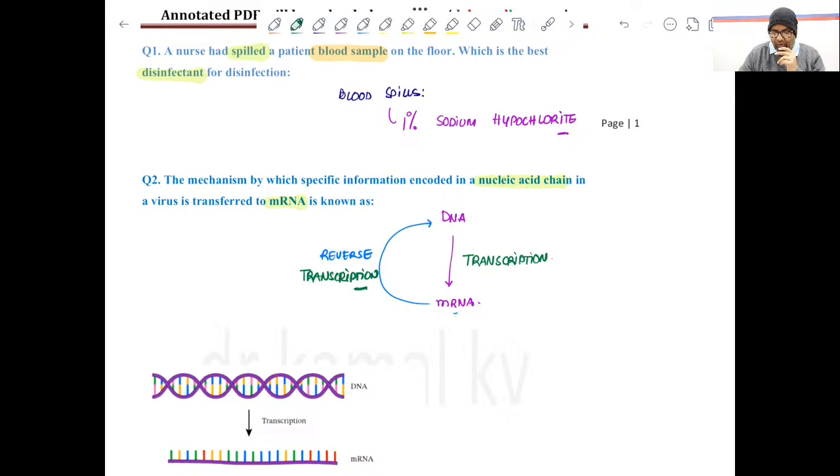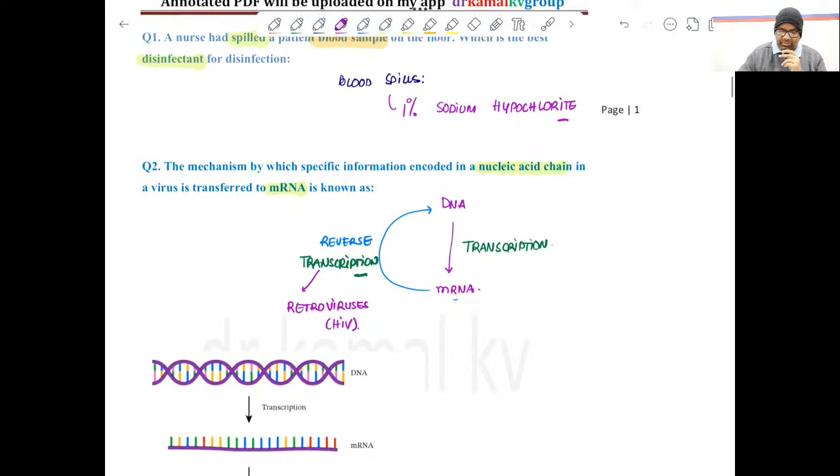If the mRNA is formed from DNA, that is transcription. If the reverse happens, it means the DNA is being formed from mRNA, that is known as reverse transcription. And this is the property of retroviruses, especially HIV virus. So this is transcription, reverse transcription.